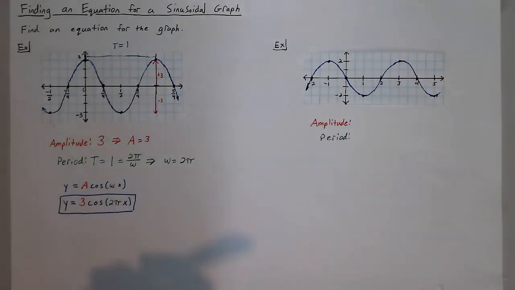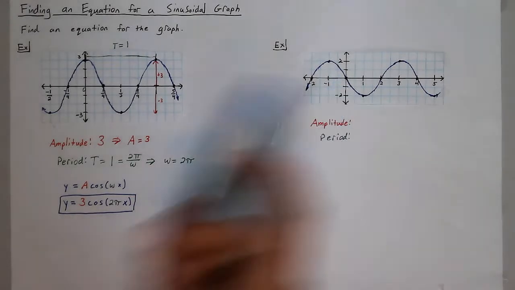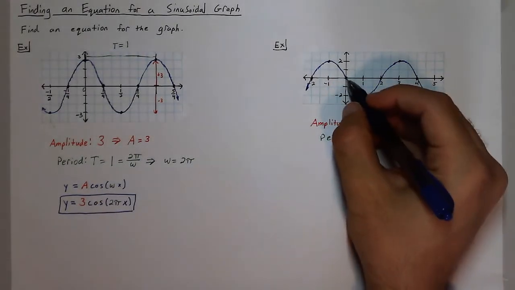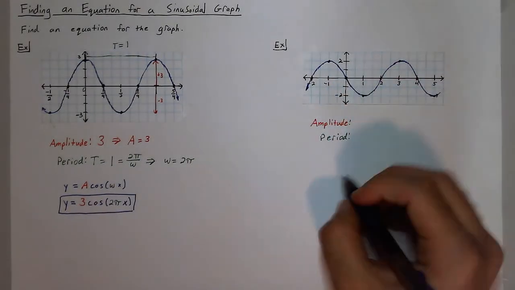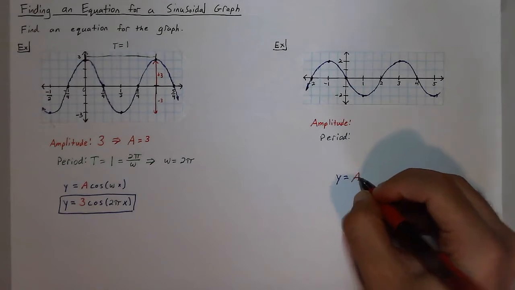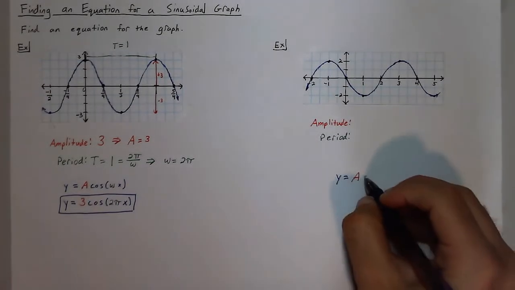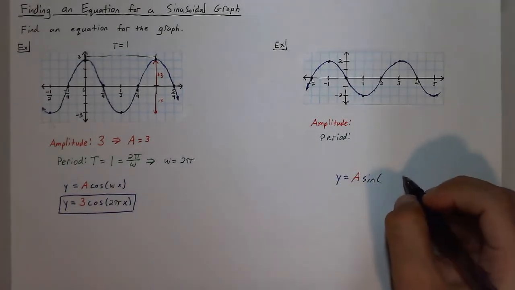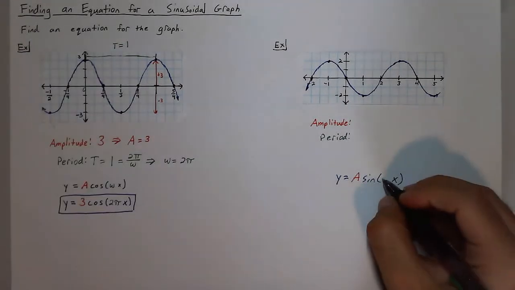Now I'll do this one more time. This function, we just talked about earlier, is probably a sine function since it goes through the origin like this. So I'll put down the general form here. We need to find a and omega to finish off this problem.